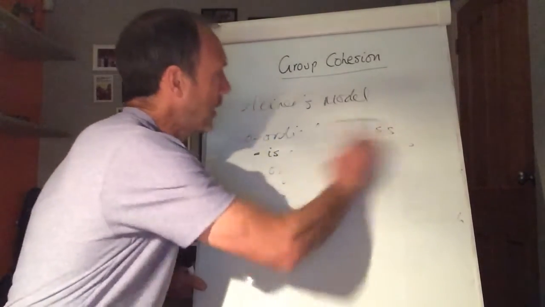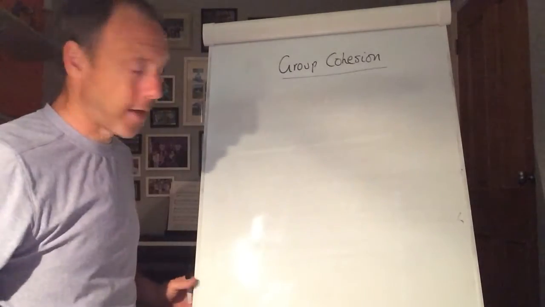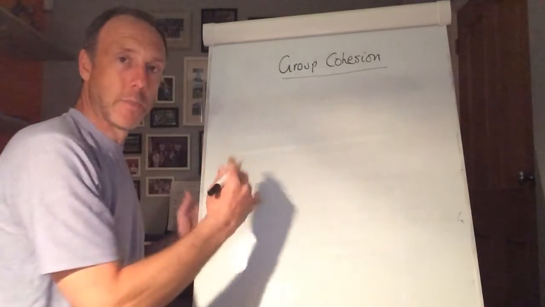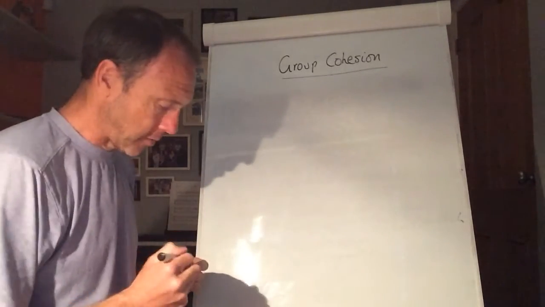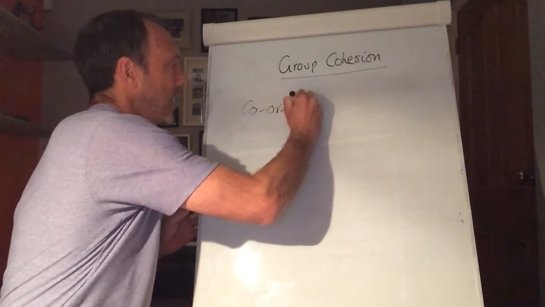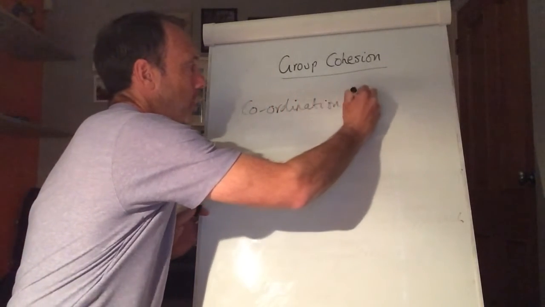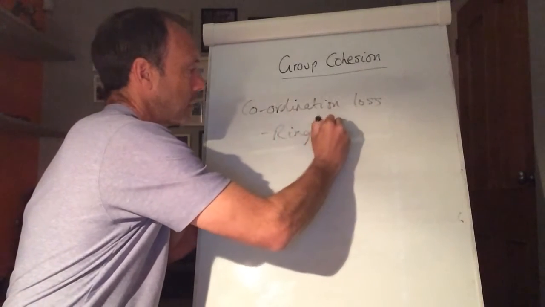Now linked to that are two key terms, and I'm going to link them to each of the faulty processes because it just perhaps creates a bit of an association. I'm going to change my pen because this is really starting to falter a little. So with coordination loss, the term I'm going to link to this is the Ringelmann effect.